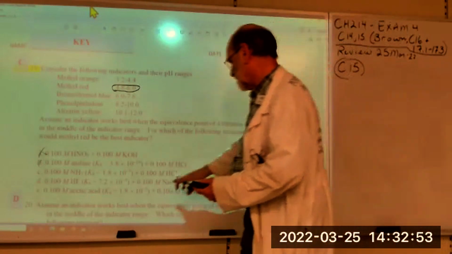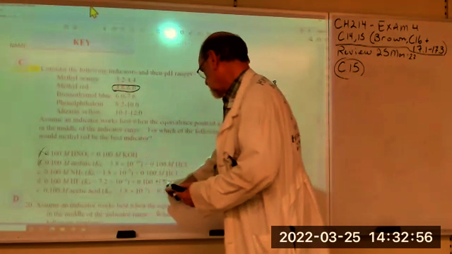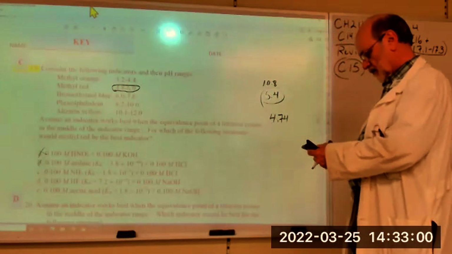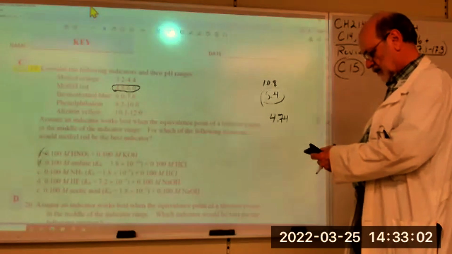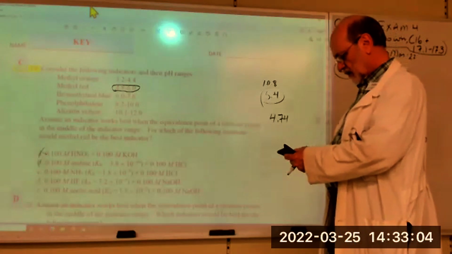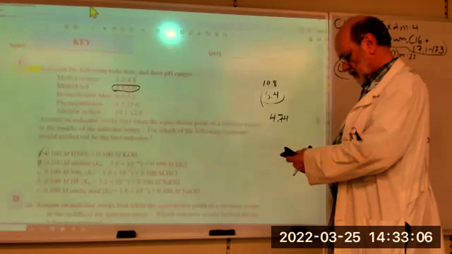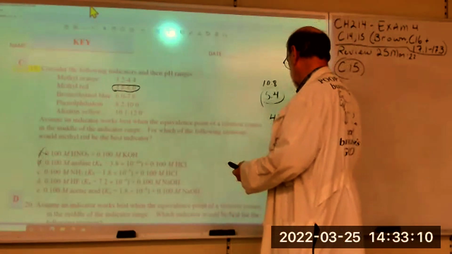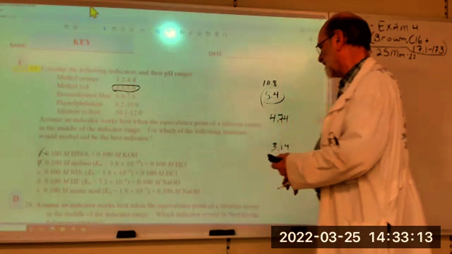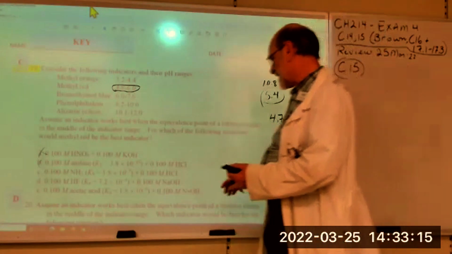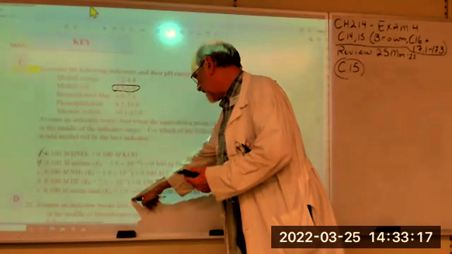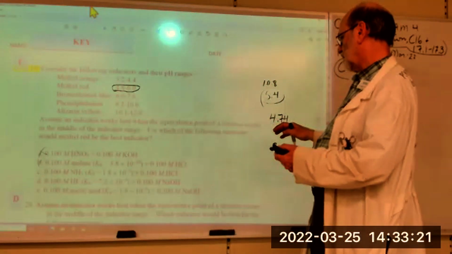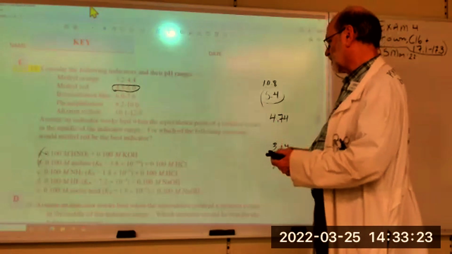How about this one? 7.2 times 10 to the minus 4. Take the log, this will be 3.14. Getting further away from it. And acetic acid, 1.8 times 10 to the minus 5. Well, that would be 4.74 also.